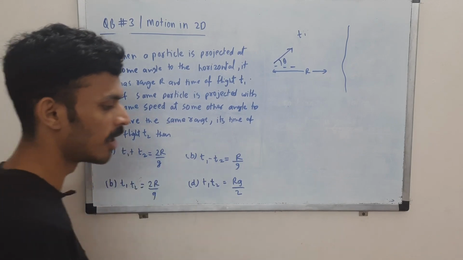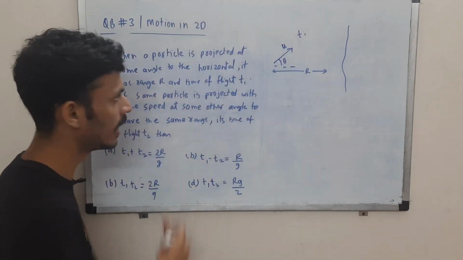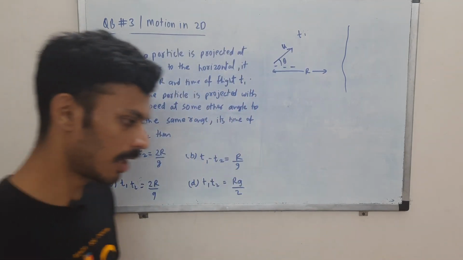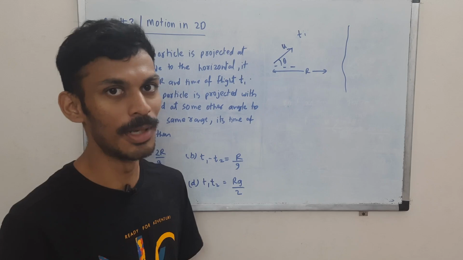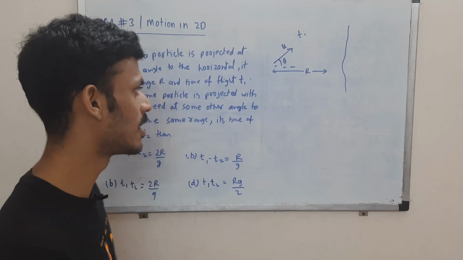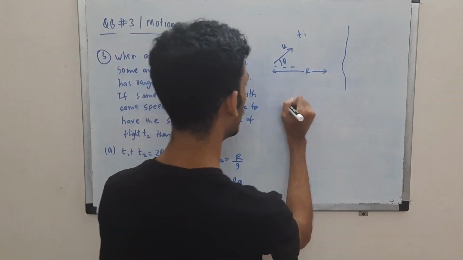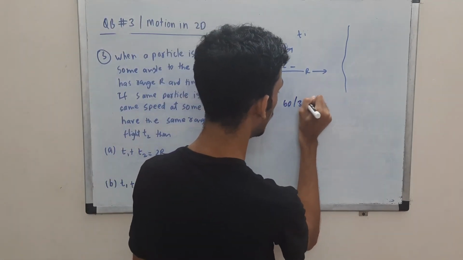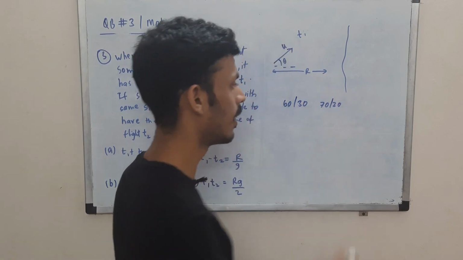Now when do two angles have the same range? Provided the velocities are equal, same speed for both cases, two different angles but the range is same. When does this happen? This is a special case. This happens when the angles are complementary, meaning 60-30, 70-20. These angles add up to 90.